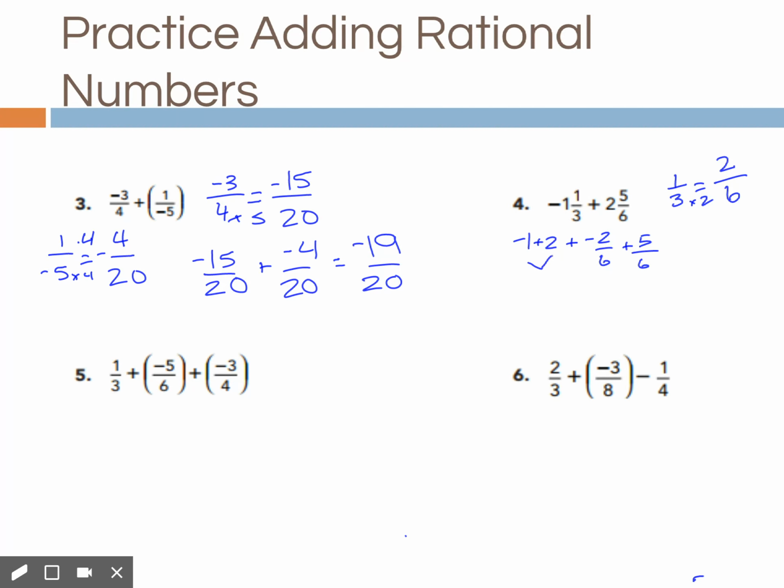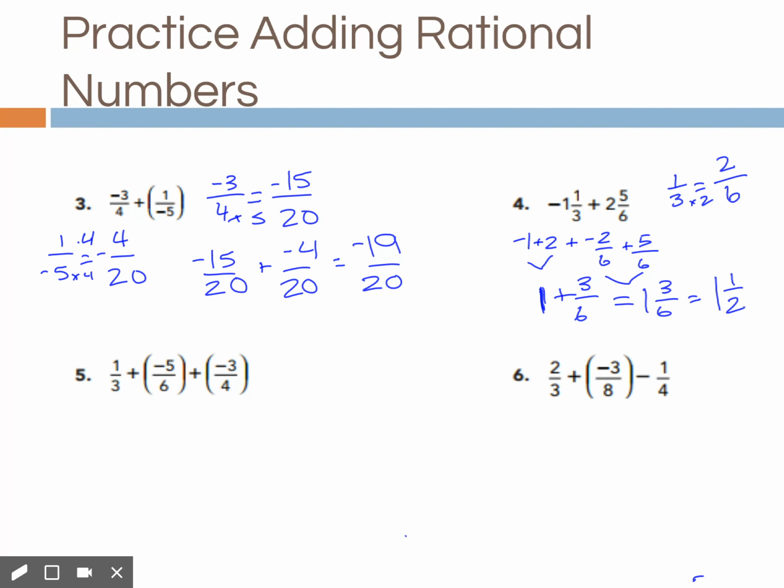So I'm going to do the adding of my whole numbers and then my fractions. Negative 1 plus 2 is a positive 1. And negative 2/6 plus 5/6 is a positive 3/6. So because both of these are positive, I can just stick them together. So that would be positive 1 and 3/6. And I think you all know that you can simplify 3/6 back down to 1/2. So your answer is 1 and 1/2.